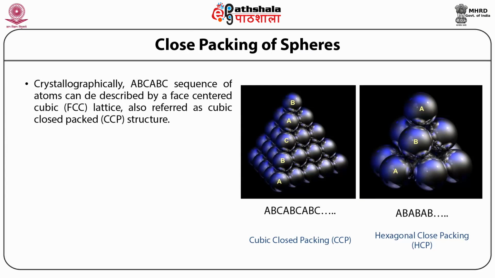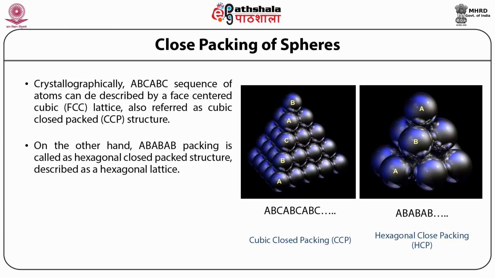Crystallographically, the ABC sequence of atoms can be described by the face-centered cubic FCC lattice, or it is also referred to as the cubic close packed or CCP structure. On the other hand, AB packing is called the hexagonal close packed structure, which is described as a hexagonal lattice.